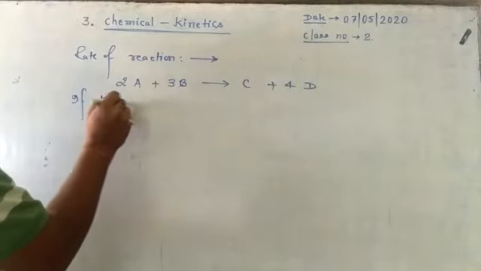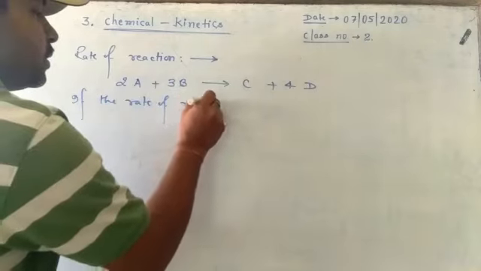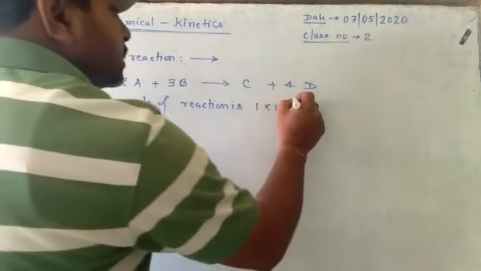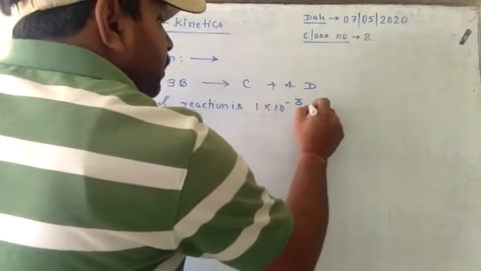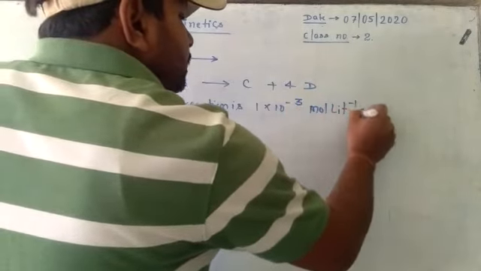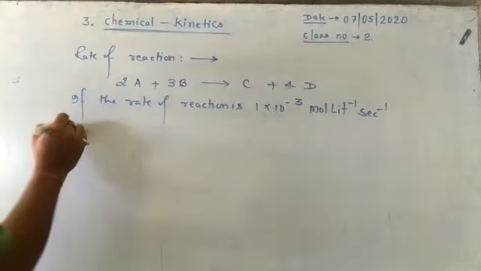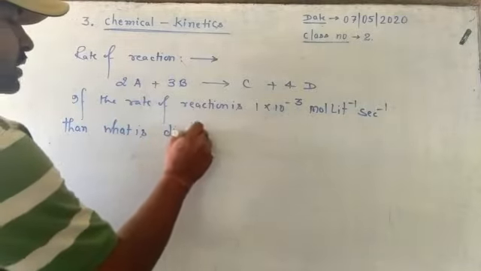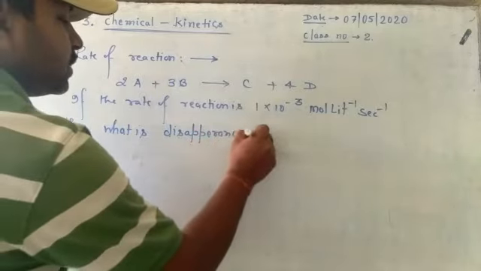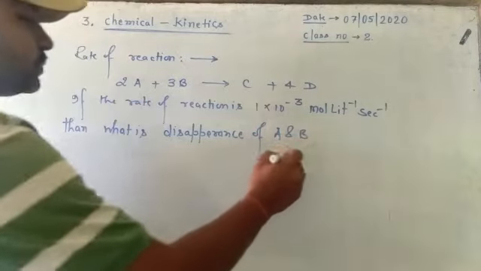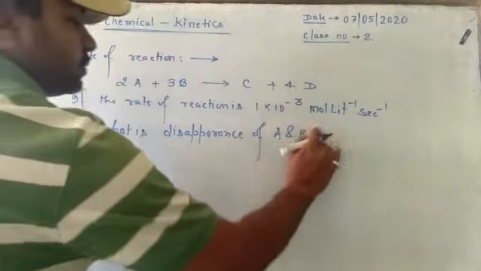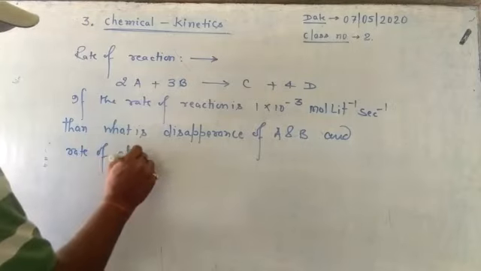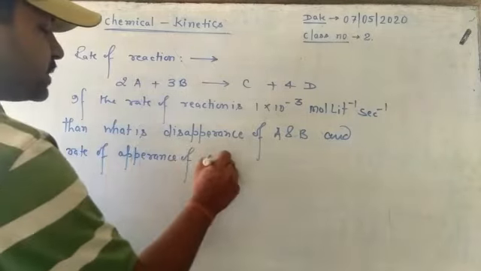If the rate of reaction is 1 into 10 to the power minus 3 mole liter inverse second inverse, then what is the rate of disappearance of A and B, and the rate of appearance of C and D?